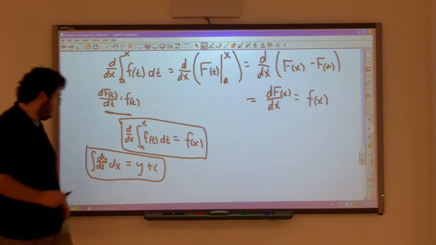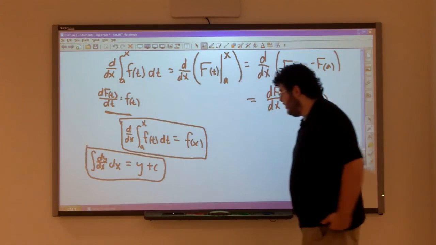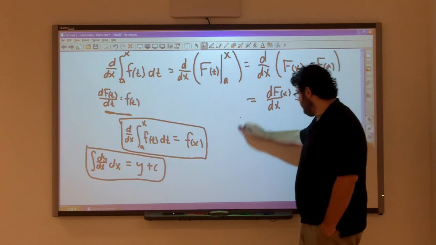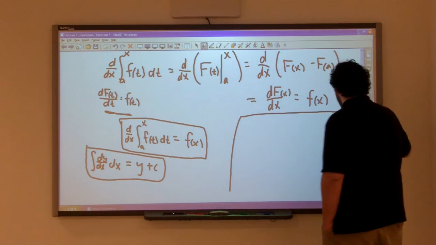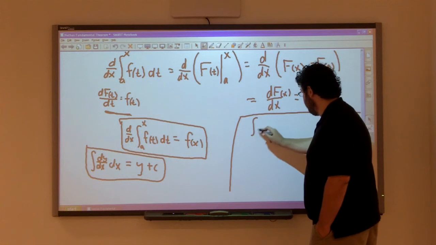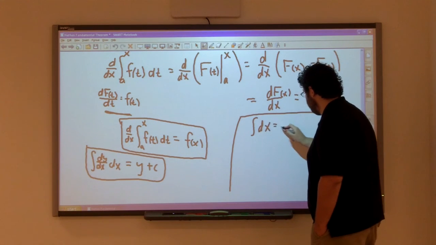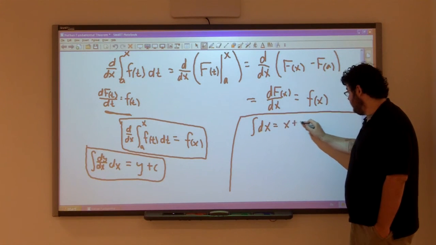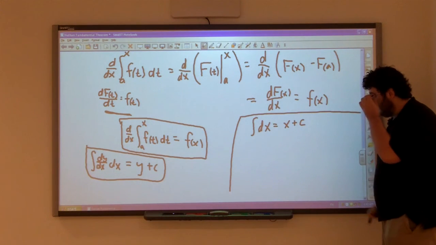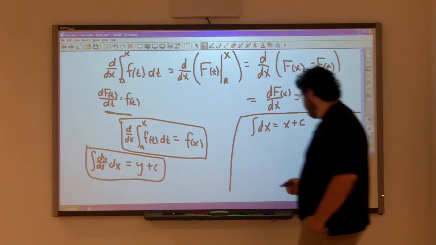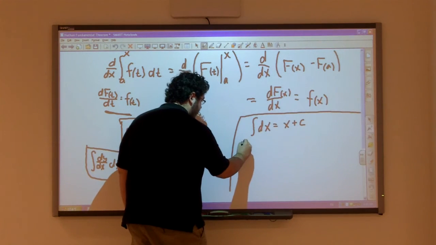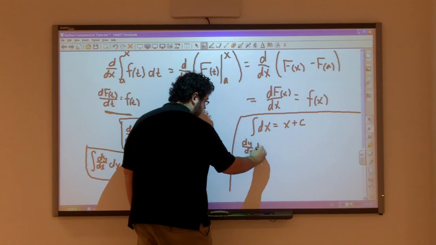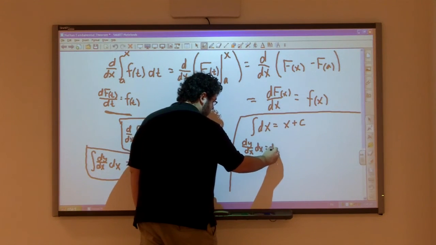Let's look at this real quick. Why should this be true? Why should it be that you get just y when you integrate the derivative? Well, remember that, first off, the integral of dx is what you take the derivative of to get 1. So that's just x. If you recall your chain rule, we can write it in a slightly different way than you've seen before, which says that dy/dx dx is just equal to dy.